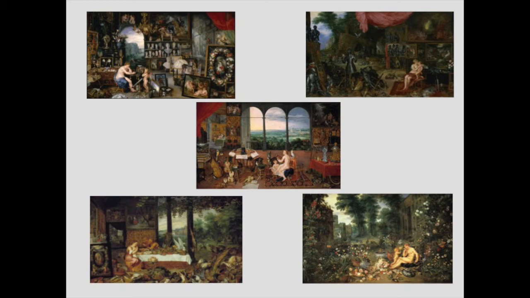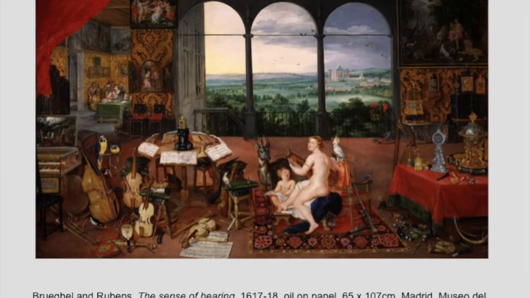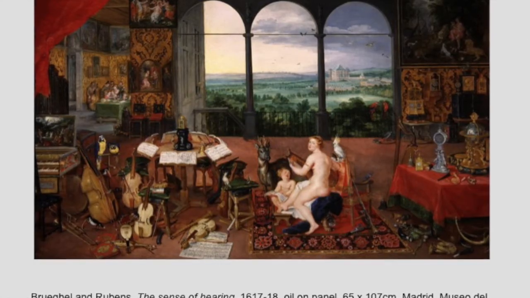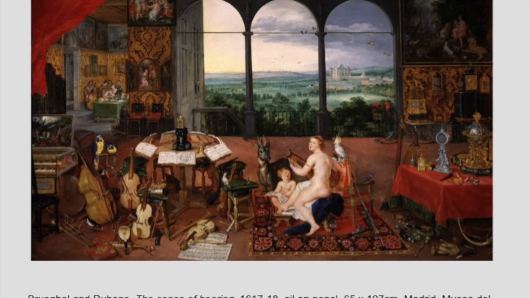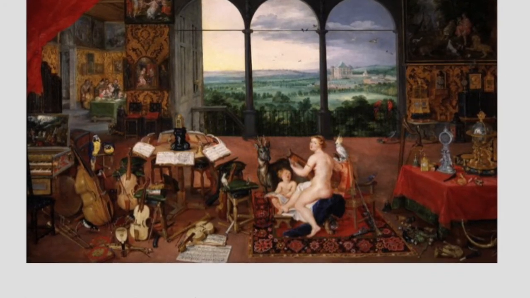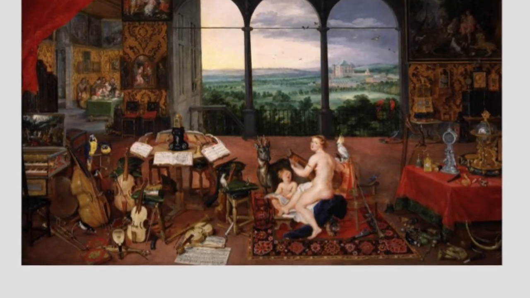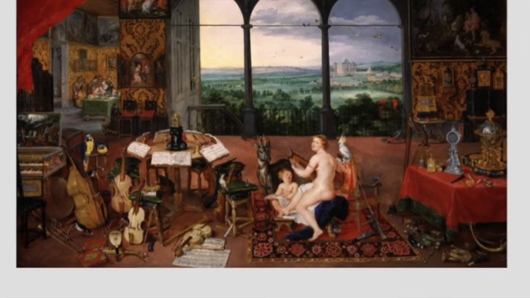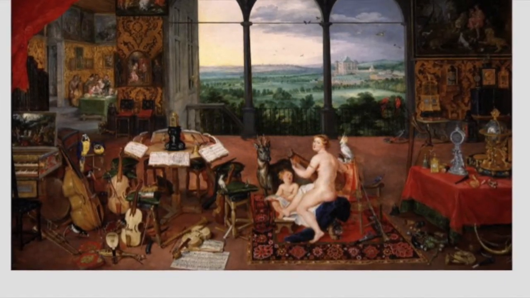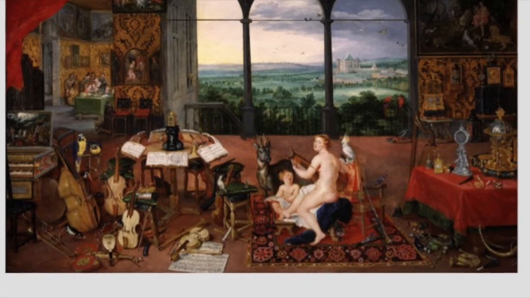In the series of the 5 senses, which are however much smaller than the lost pictures, the same canon appears in the open songbook in the foreground of hearing, so you can see here, along with a folio sheet in which the Latin text of the canon is translatable as "Blessed are they who hear the word of God and keep it." On the music stand in hearing, an open music book displays a dedication to the archducal couple.